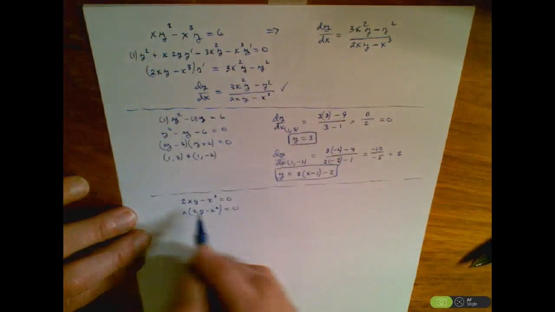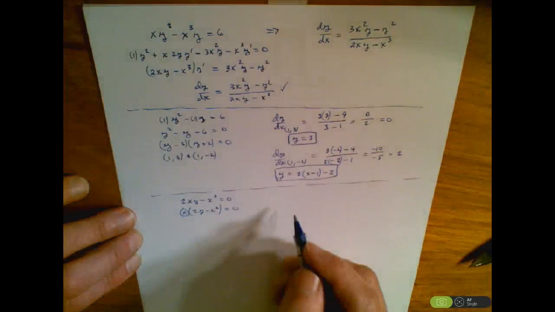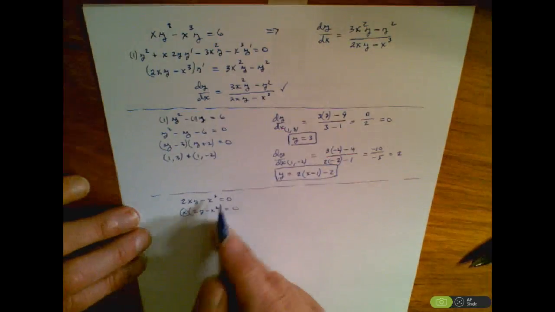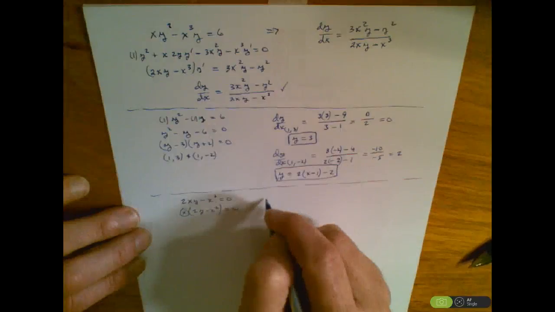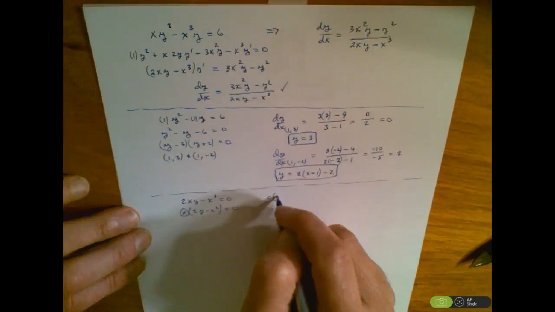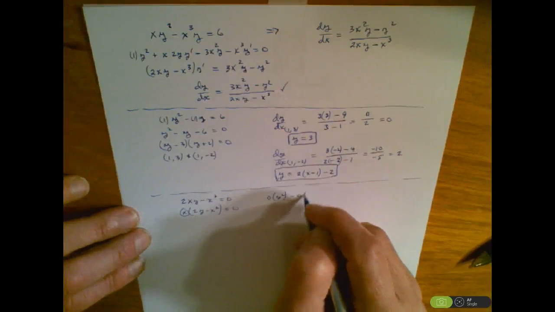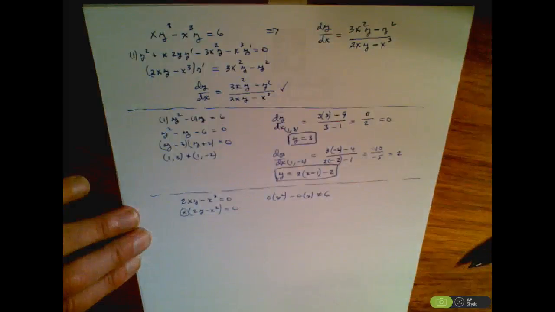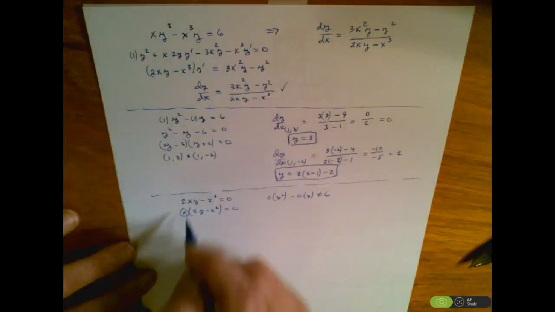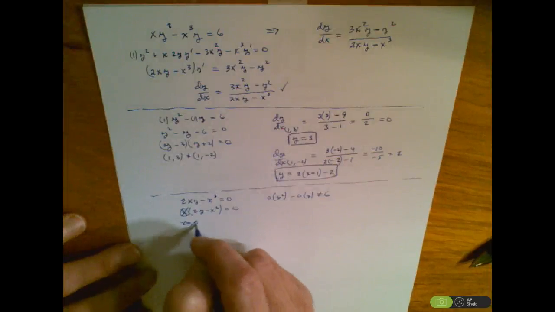So one possibility occurs when x is 0. So let's examine the equation and find if that point with x equal to 0 is on our curve. And we notice that 0 times some y squared minus 0 times some y would never be equal to 6, because 0 minus 0 can't equal 6. So this candidate, x equals 0, we would then eliminate.